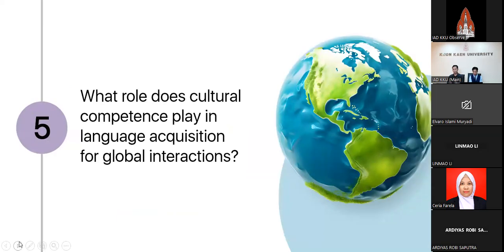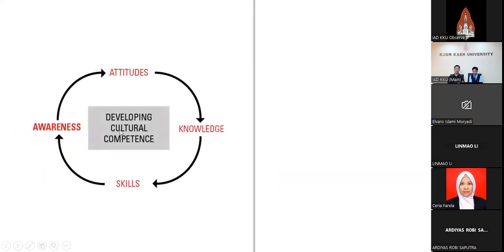So now the fifth discussion here. What role does cultural competence play in language acquisition for global interaction? Okay, it's quite complicated to say the role of cultural competence, but we need to understand the concept here first. When we develop cultural competence, we will have awareness, right?